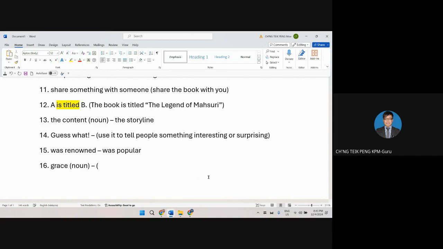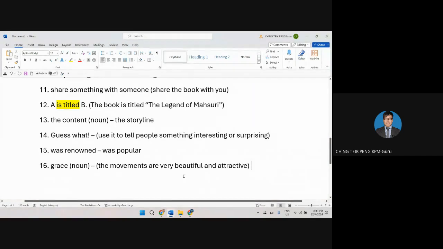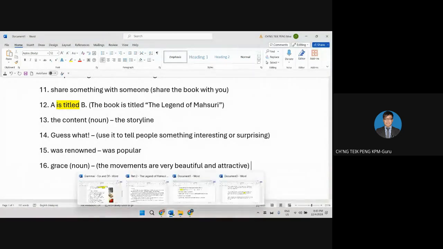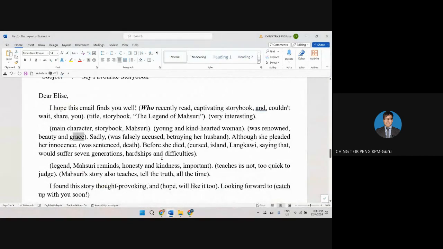When we say the grace, it means the movement are very beautiful and attractive. 就是它很优美啦，动作很优美，可能他的行为，他做东西的方式，讲话的方式很优美，grace，OK，很有礼貌。So was renowned, why? Beauty and grace.